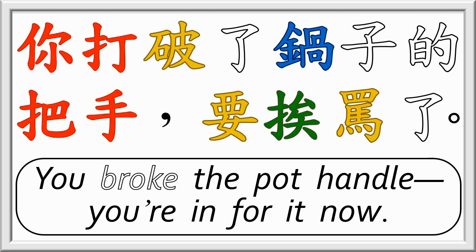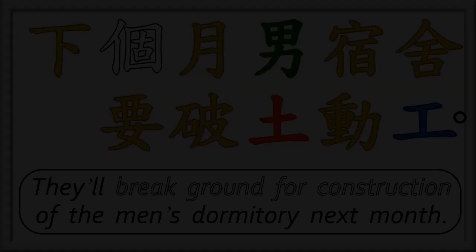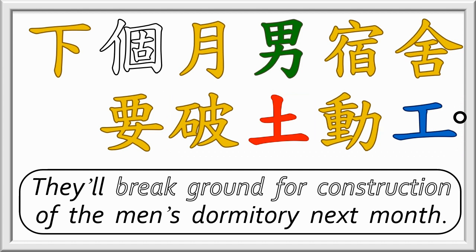You're in for it now. 破土 can mean either to break through the soil, as a sprouting plant, or to break ground for a new building. 小草从冰雪中破土而出。Blades of grass sprouted from below the snow-covered earth. 下个月，男宿舍要破土动工。They'll break ground for construction of the men's dormitory next month.